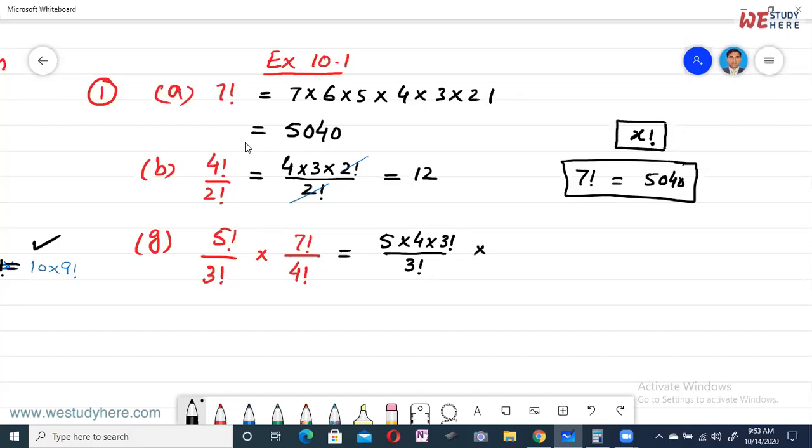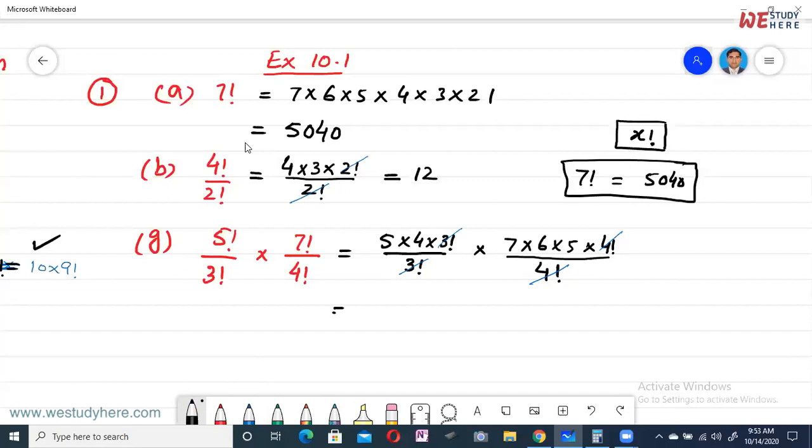7 factorial, we can write 7 into 6 into 5 into 4 factorial. After 4, no need to expand because here 4 factorial is available in its denominator. This 4 factorial cancels with 4 factorial. 3 factorial cancels with this 3 factorial.